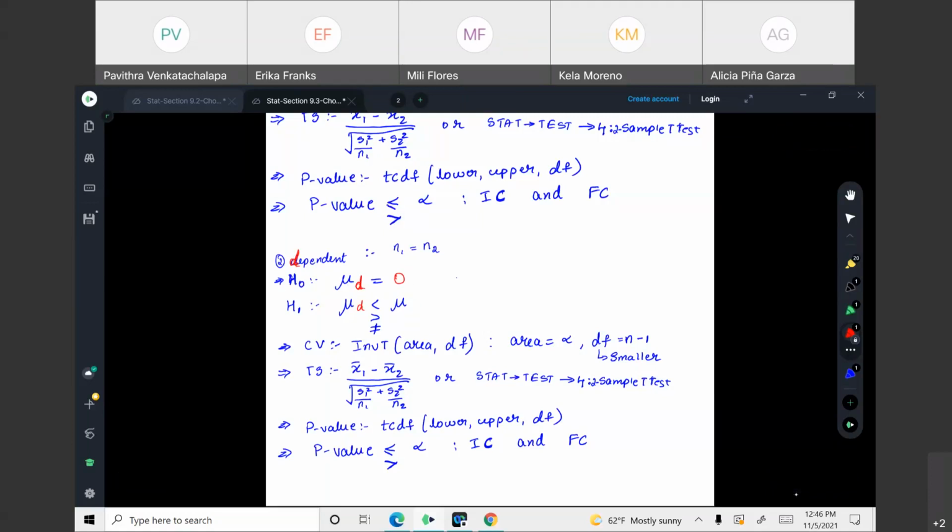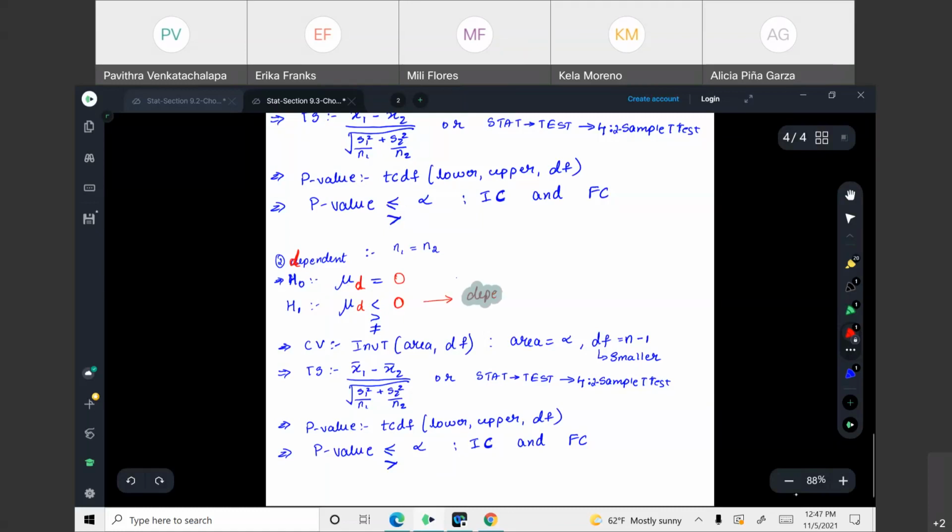Fine. Now again, you will have only three symbols: less than, not equal to, and greater than. Again, this depends on your d bar value. So mu d is compared to 0, so when it comes to dependent, there is only the 0 value. Okay. Now, how do you decide whether it is less than, greater than, or not equal to? It depends.